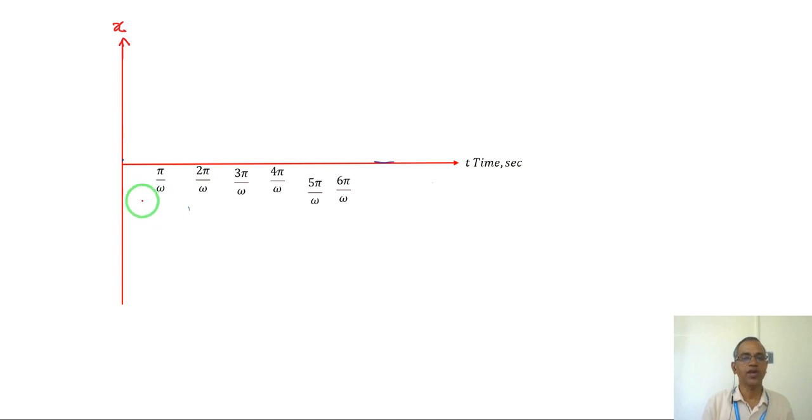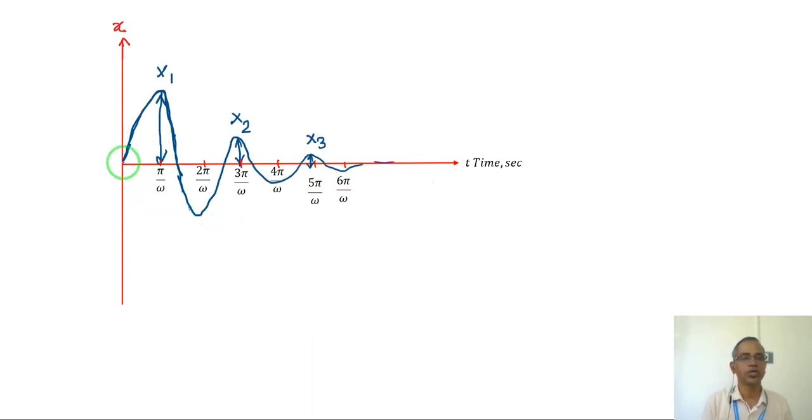If I plot this at every pi by omega, that is half a cycle, this is a full cycle, then 1.5 cycles, 2 cycles, 2.5 cycles, and this is 3 cycles. So if I plot it, initially it looks something like this. At a time, for example, this will be t1.